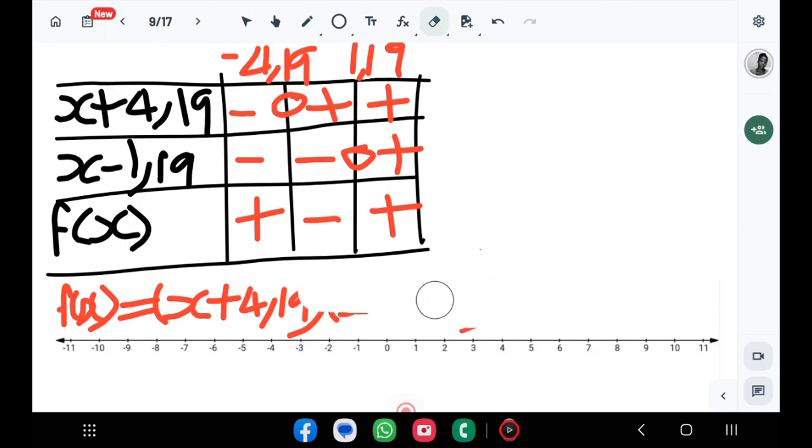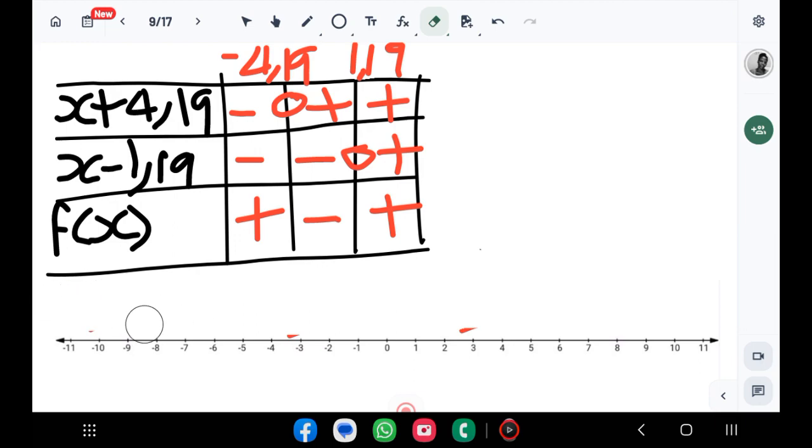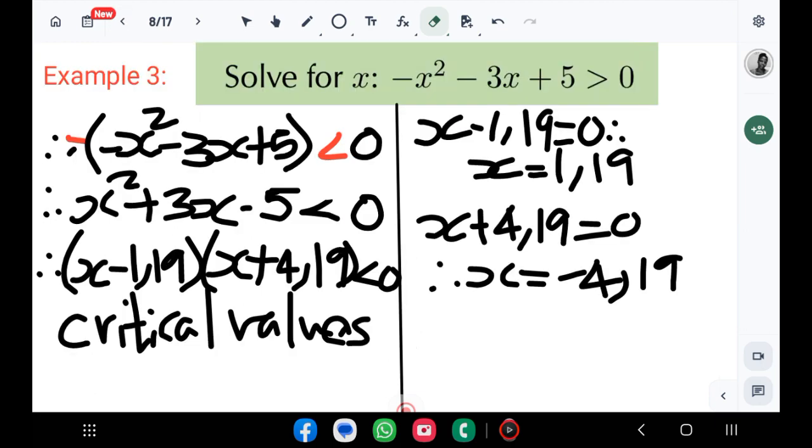All right, now the question was to solve for this if it is greater than. Now we've changed it all up, so we're solving for this when it is less than, so we're looking for when it will be negative.